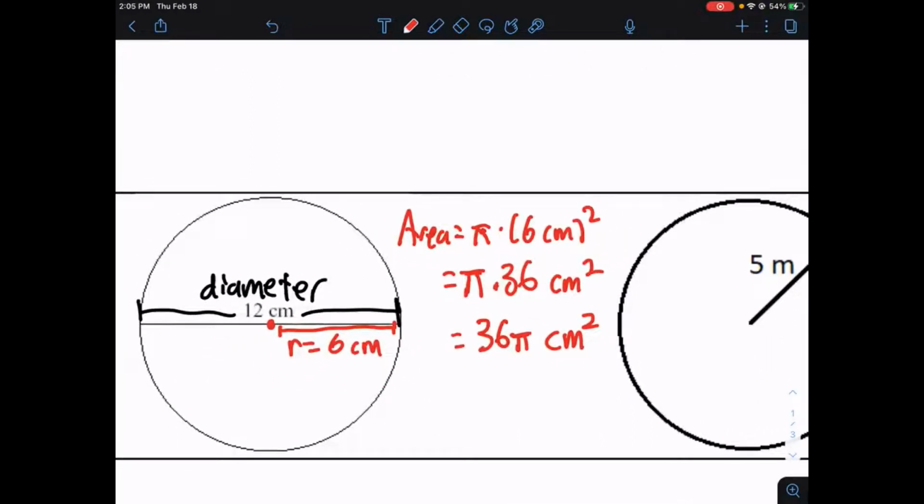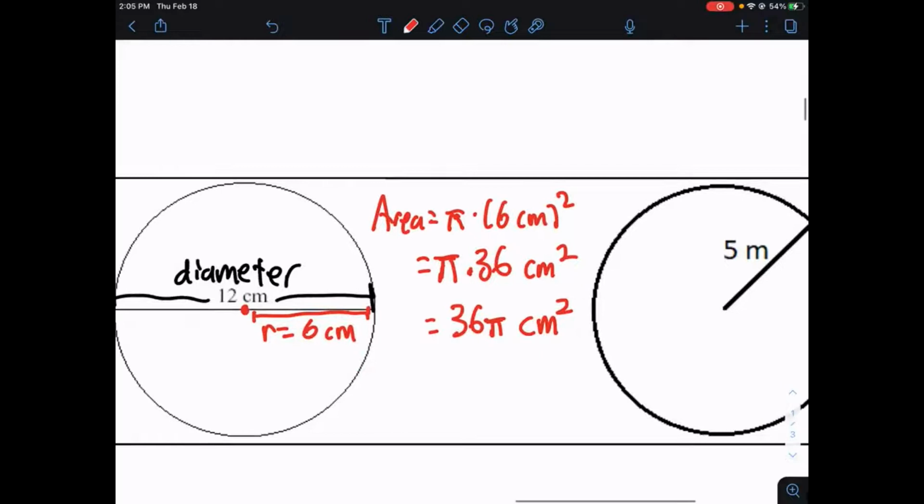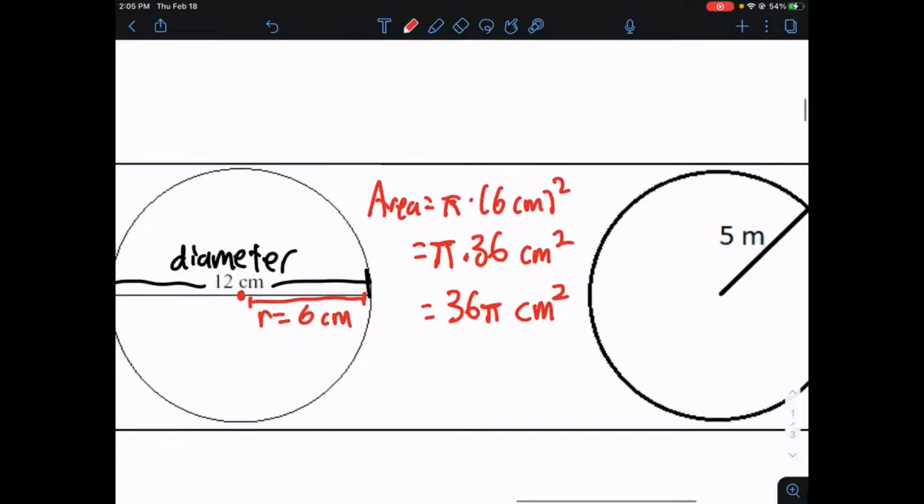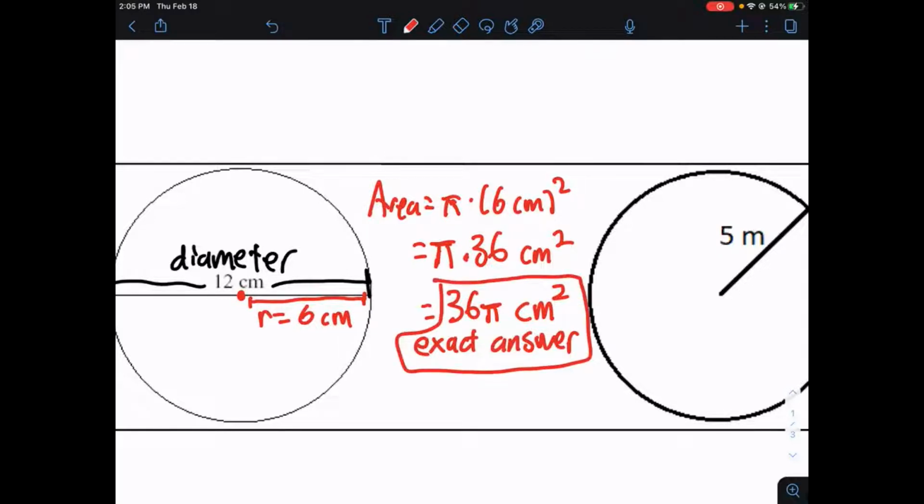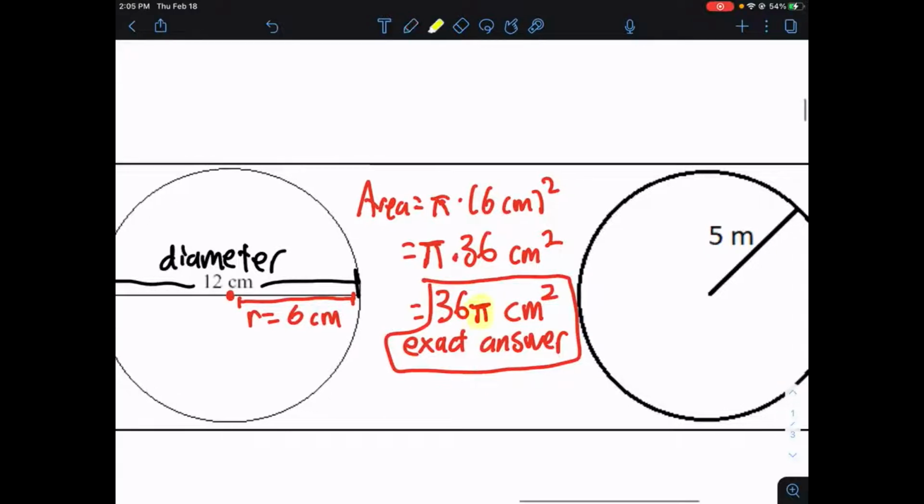Okay, so I also want to make clear the distinction between an exact answer and an approximation. So this right here is an exact answer, because exact means I did not estimate anything. By leaving the pi symbol there, that's the true value.